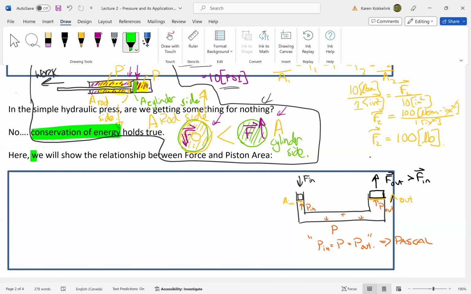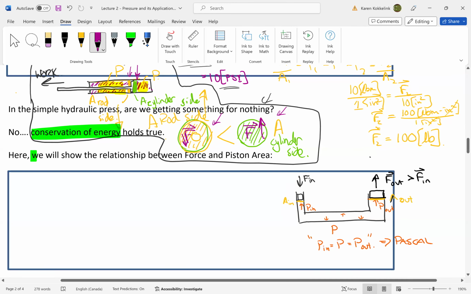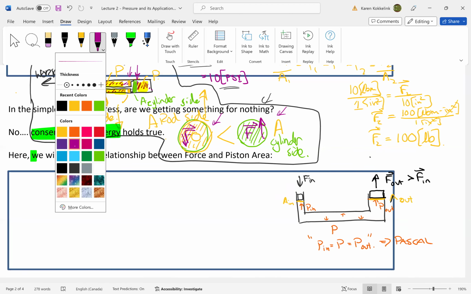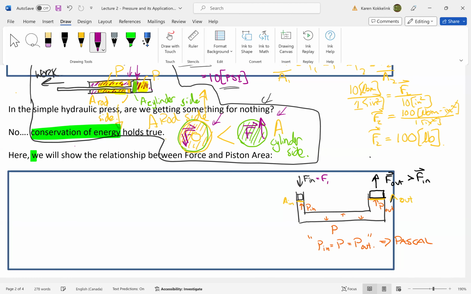So we're now going to call F in F1, and we can call F out F2, and A in is A1, A out is A2. P will be the same anywhere.